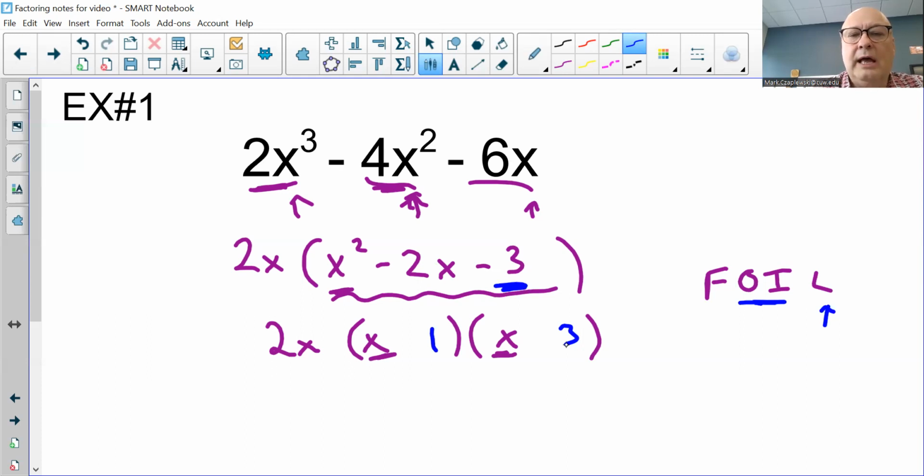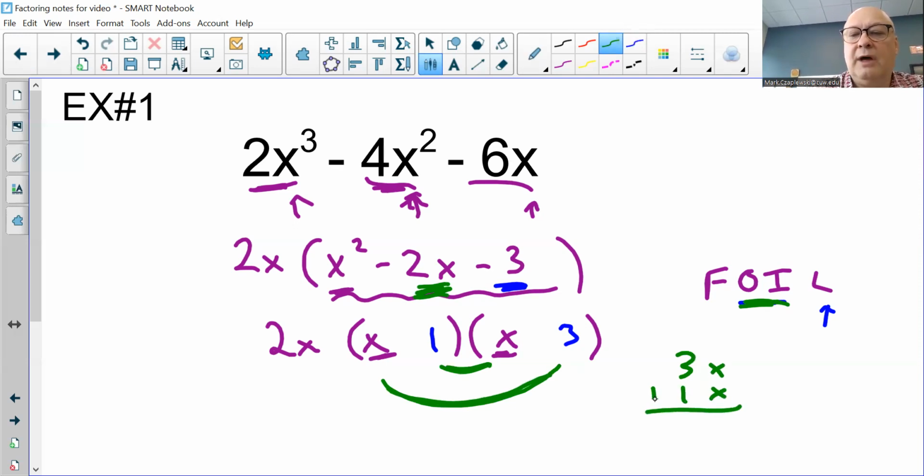So now I need to make sure this is all accurate, and that's when I go to this middle term, the outers and inners. So these are my outers and these are my inners. They need to add up to this middle term, negative 2x. So the outers is 3x, that big long arc here, and the inners is 1x.